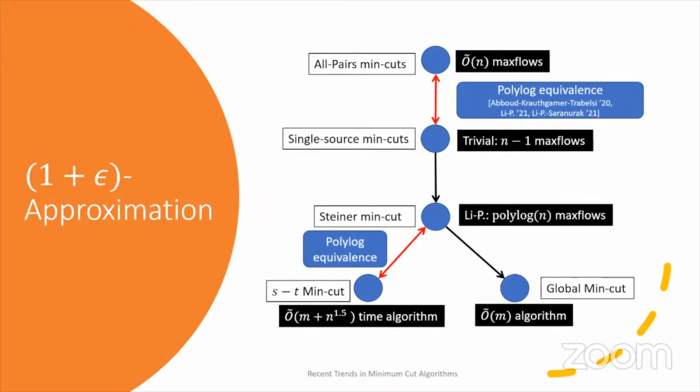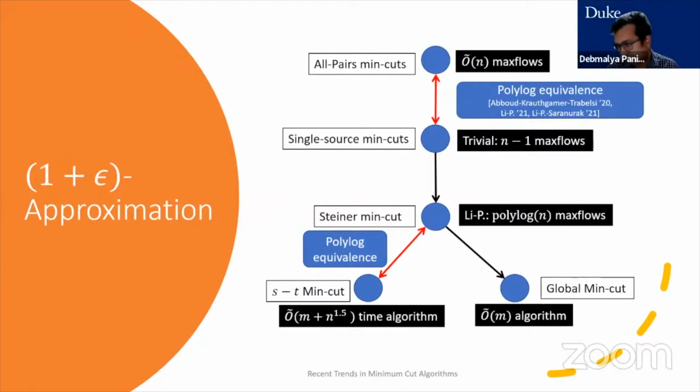I was wondering whether the use of max flows for the top ones is sort of crucial. Or let me ask it in the other direction. Let's say I give you a really fast black box for the Gomory-Hu tree or the all pairs problem. Can you use that to find max flows?